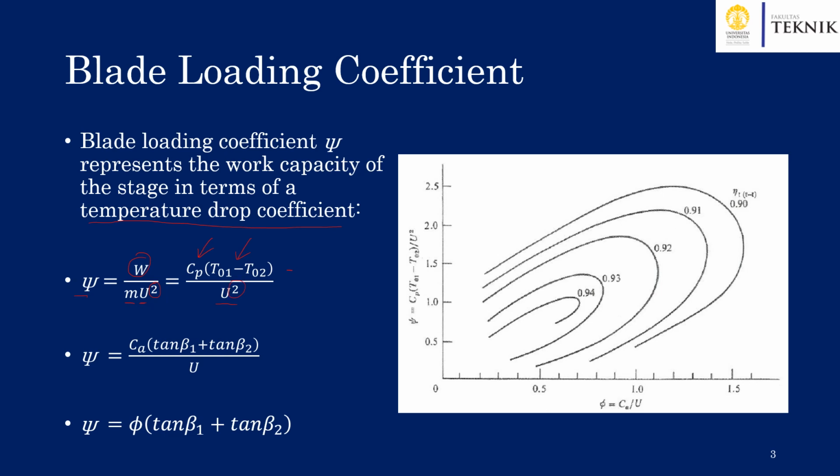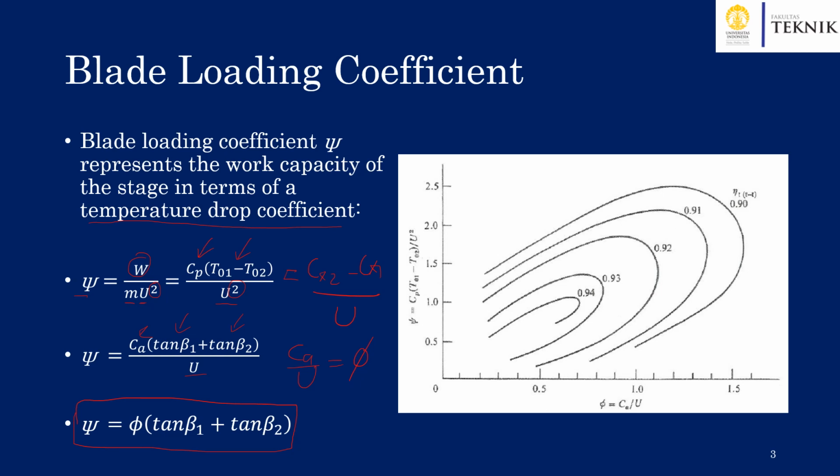We can also get the blade loading coefficient as a function of Cx2 minus Cx1 divided by U. Or we can calculate it as a function of the relative flow angle multiplied by Ca divided by U, where Ca per U is the flow coefficient, and we can also write it as these functions.